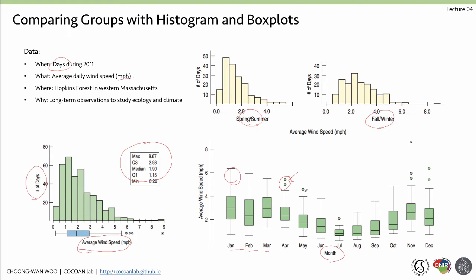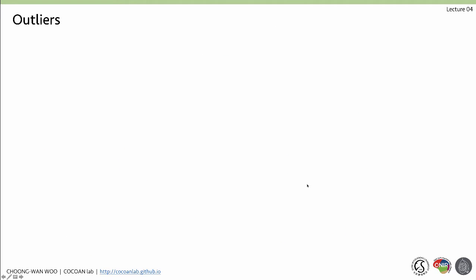So the important observation here is that outliers are totally context dependent. Outliers should be defined considering the context. That's one thing we need to know about outliers.